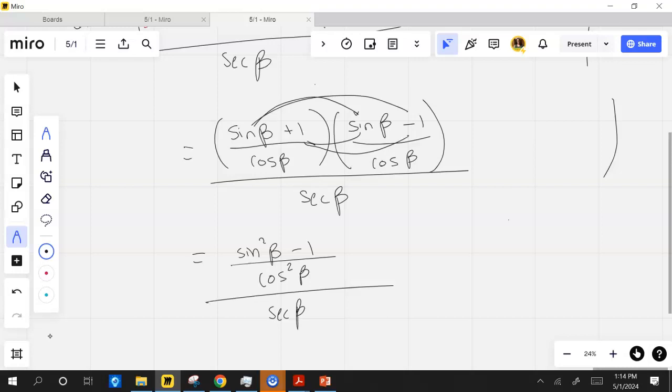Right here again is that Pythagorean identity. Remember, sine squared plus cosine squared is 1. This one you will use more than any other. Which means sine squared is 1 minus cosine squared, and cosine squared is 1 minus sine squared.